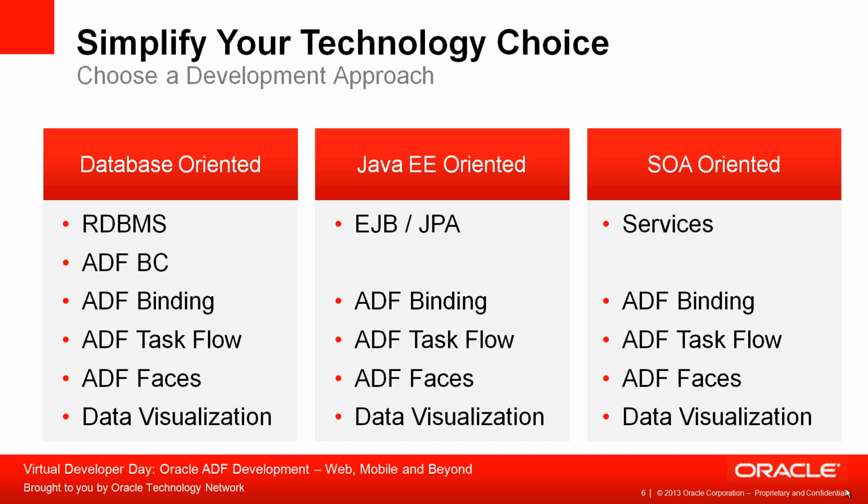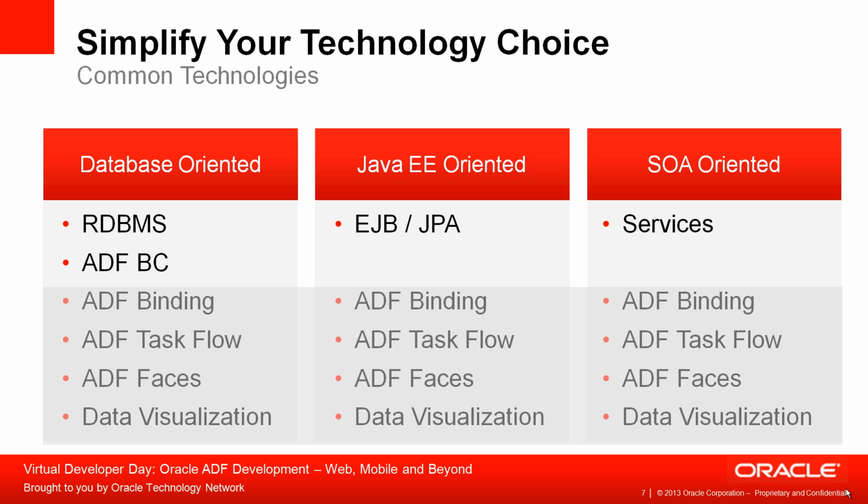Now, all of these 3 developer types will build ADF applications. And if we look at what's now in the dark gray shaded area, then all of the 3 developer types use the same set of technologies to build the application, which is the binding layer, the task flow, ADF phases, and the data visualization components that we use to render graphs.